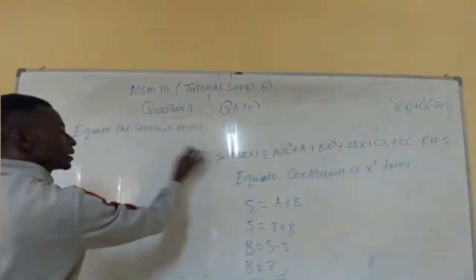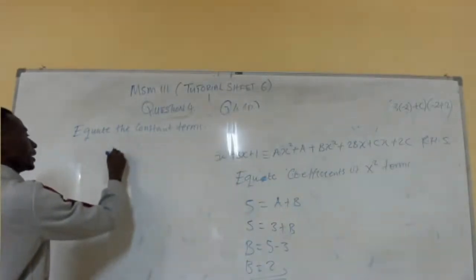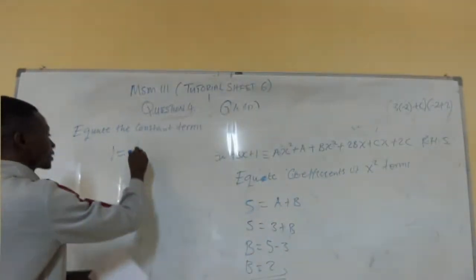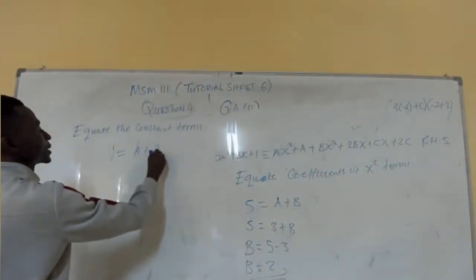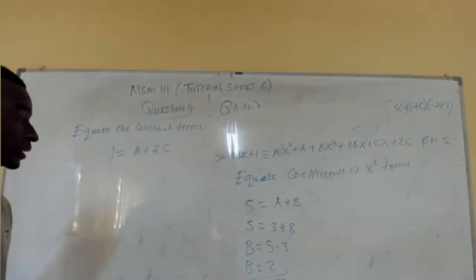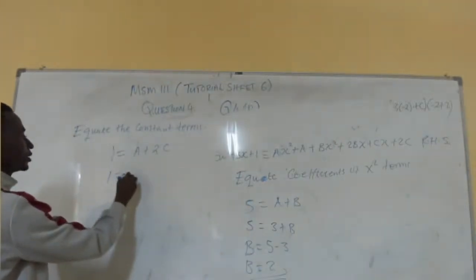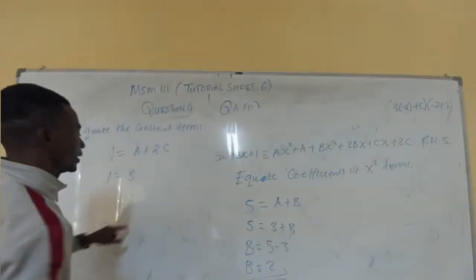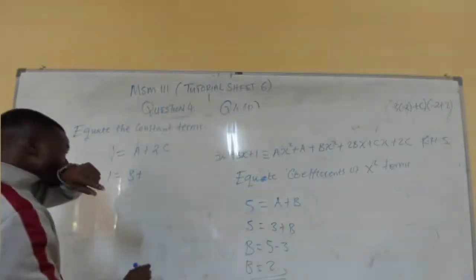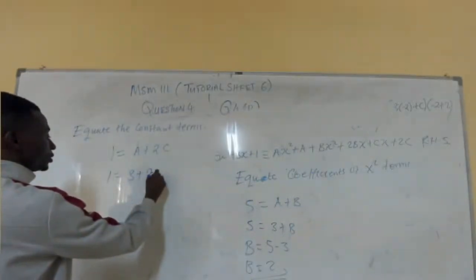So 1 equals a plus 2c, and a is 3. So 1 equals 3 plus 2c.